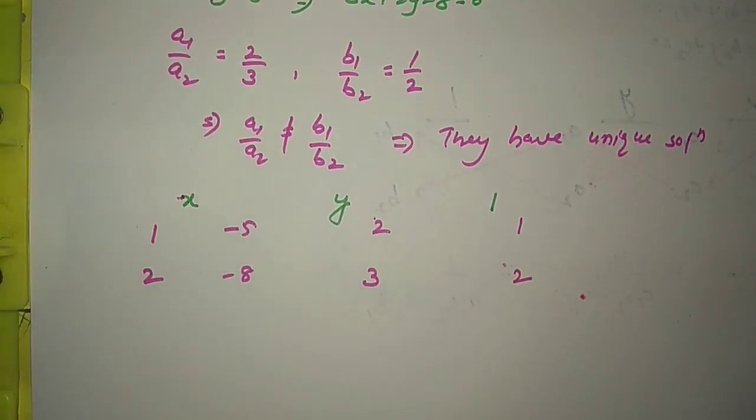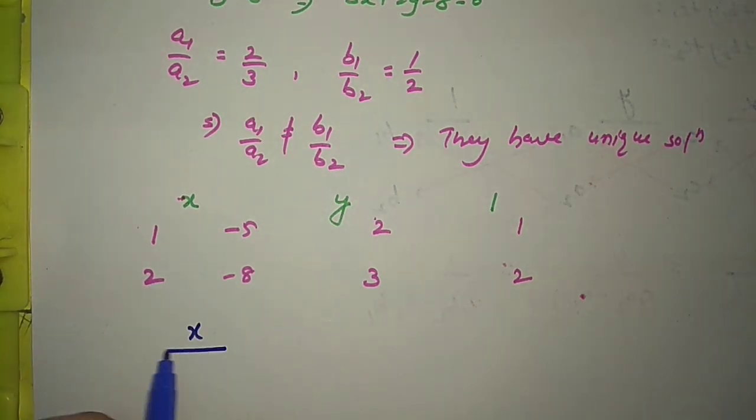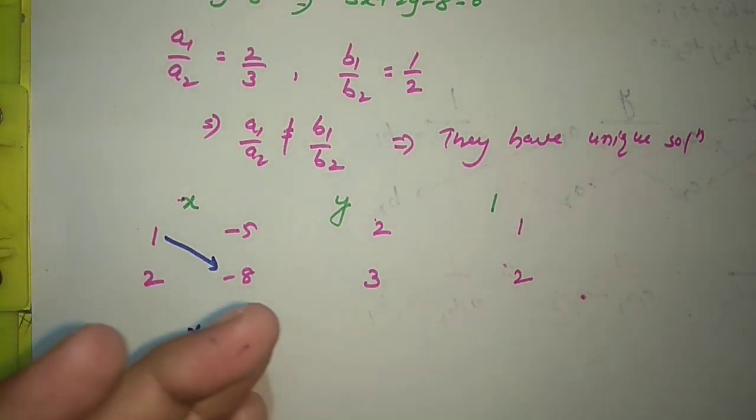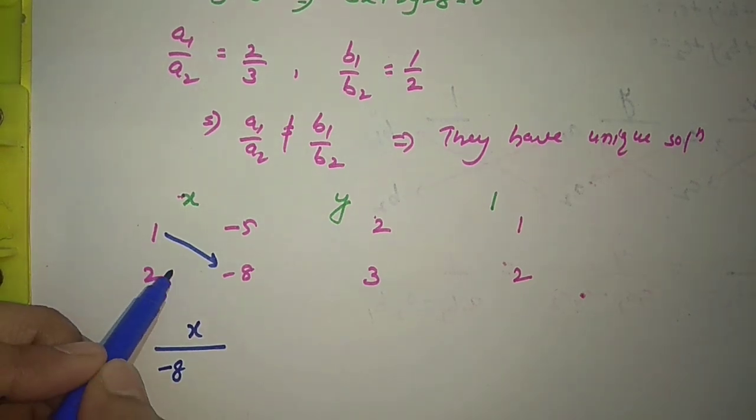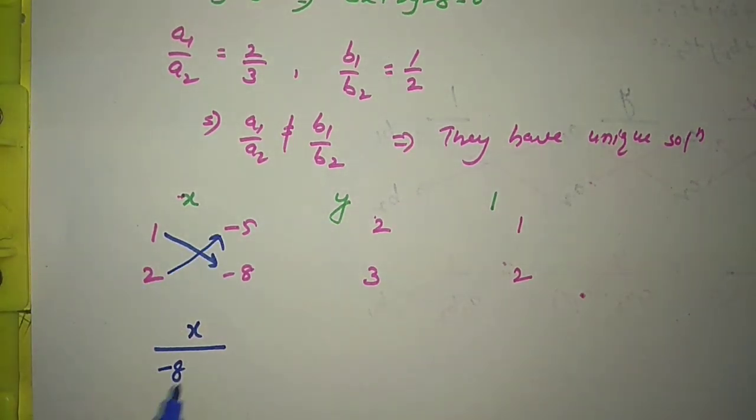So now what we have to do? We need to cross multiply them. So how we will do it? X upon, from up to down, 1 multiply minus 8, that is minus 8. 2 multiply minus 5, that is minus 10, and one more minus sign that we used to put in between.